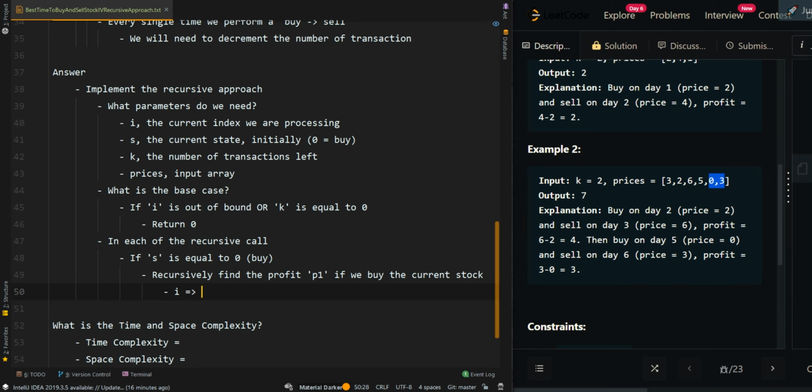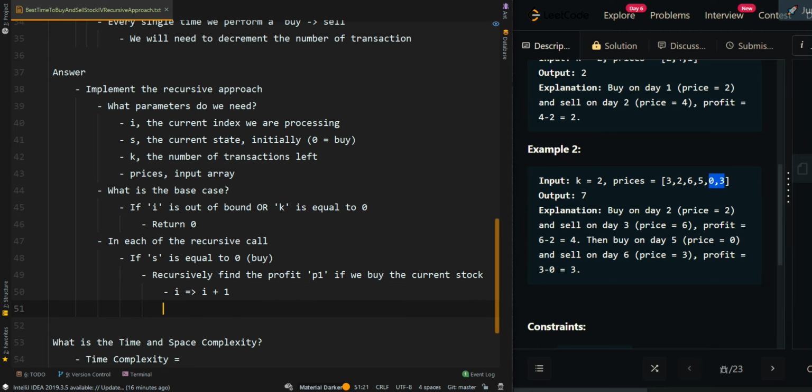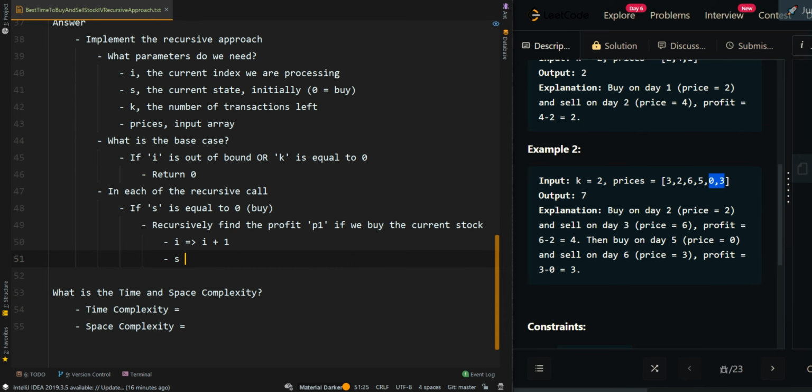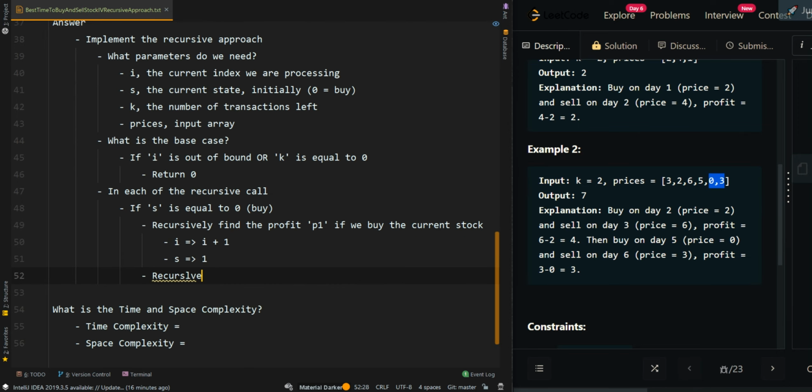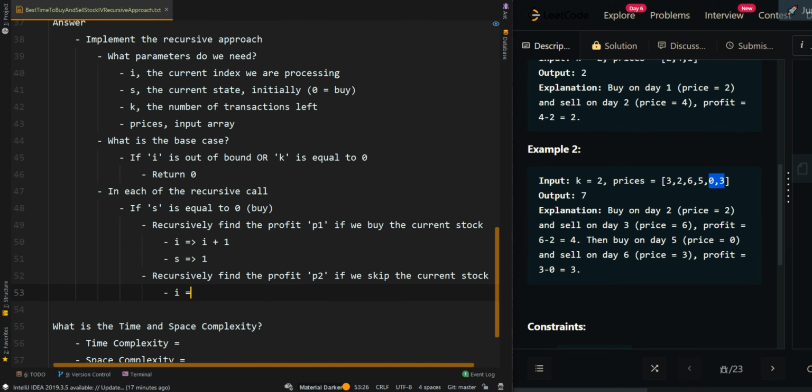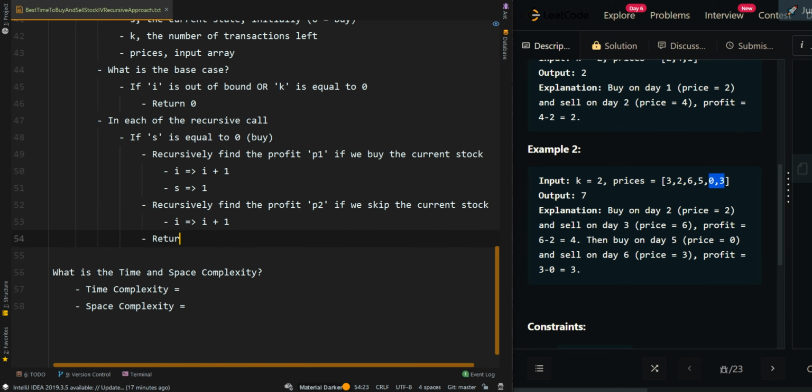If we buy the current stock, we increment our index by 1, and then we transit our state to sell. Then we're going to recursively find the profit P2 if we skip the current stock, which is just moving our index forward. Our state stays the same. We're currently still in the buy state. And then we'll return the maximum between the 2 profits.